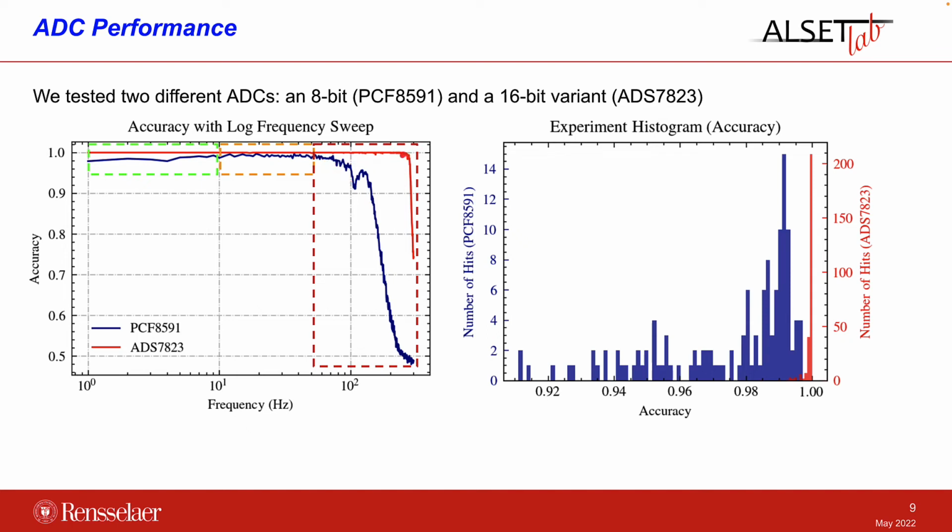There is a point where the bandwidth of the ADC is no longer enough for the frequency of the signal. That happens here for the 16-bit ADC. But if we're interested, for example, in just evaluating modes from 0 to 20 Hertz, then the 16-bit ADC should be okay.